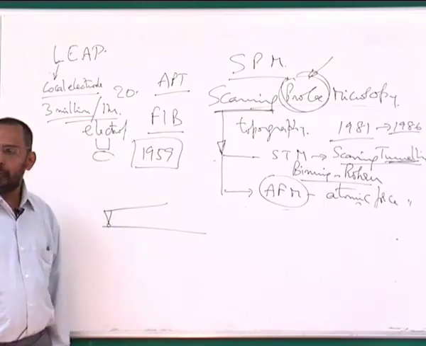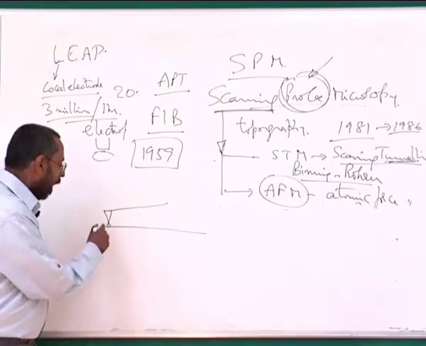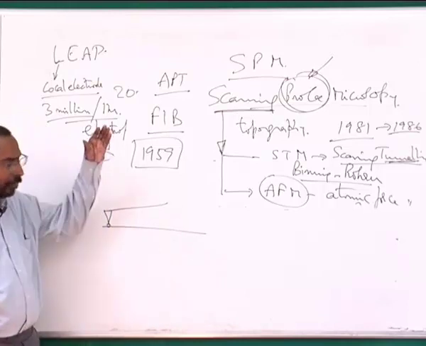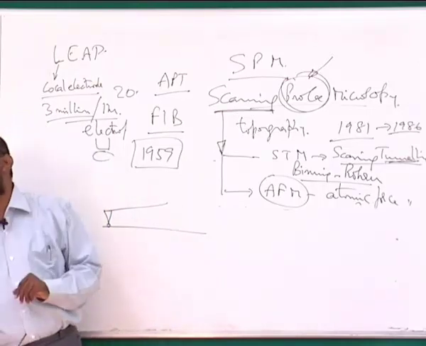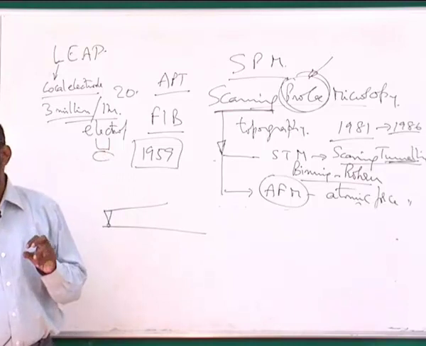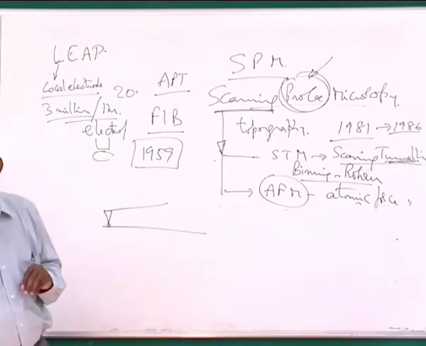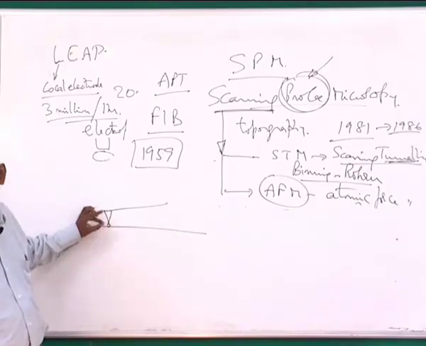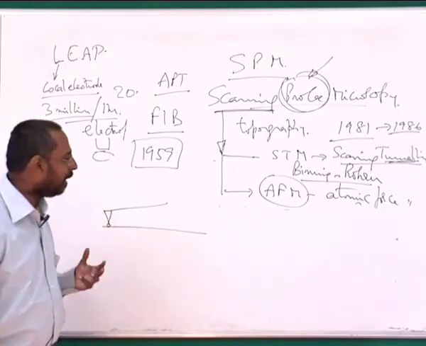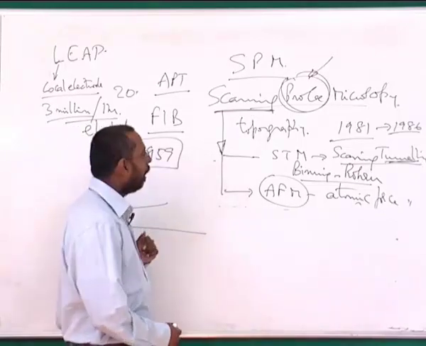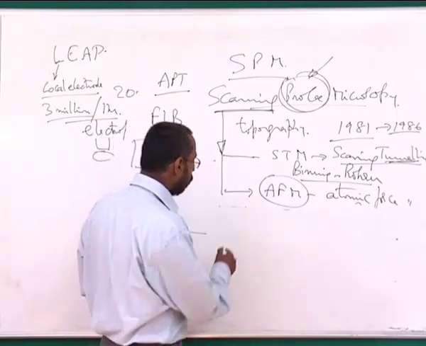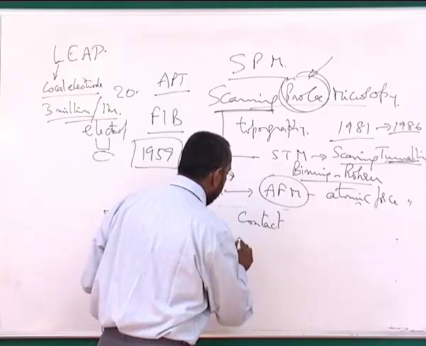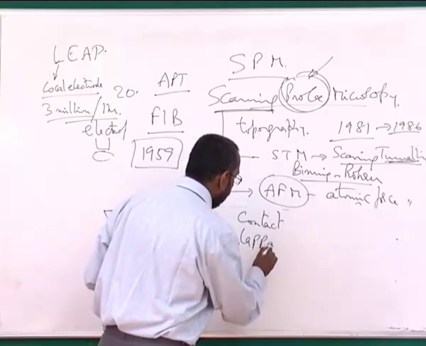And these forces obviously depend on whether I am close to the surface or far from the surface. The farther I am from the surface, the weaker the forces are. So if you want to really be able to measure the forces and see strong forces, you have to bring the tip very close. And in this, there are two modes in which AFM is used. One is called contact mode, another is called tapping mode or non-contact mode.